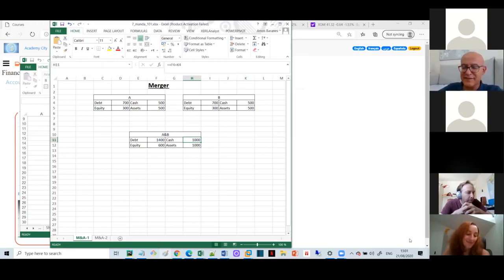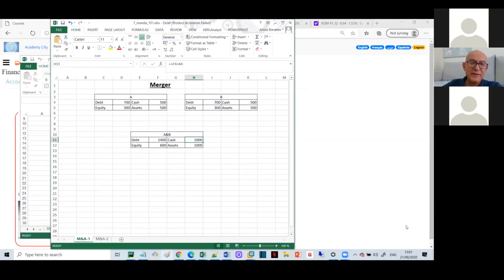A merger means you have two companies merging together. Merging means putting everything together. I'm taking the assets of company A and the assets of company B. If this one has cash of 500 and this one has 500, I will have cash of 1,000. We're merging the other assets, and we have other assets of 1,000.